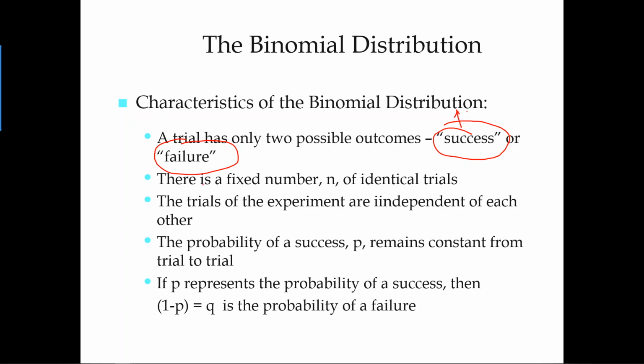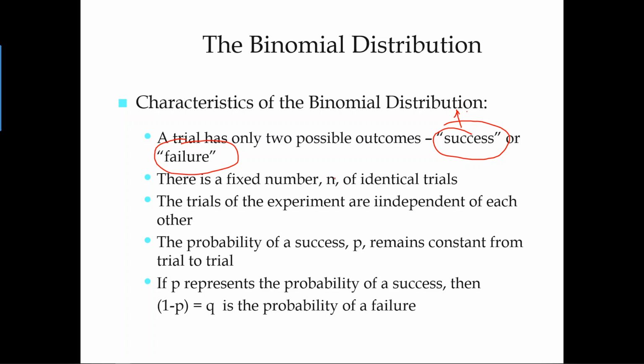And the second, there is a fixed number, we use n to denote it, of identical trials. Like I said about the assembly line, people try to figure out the defective rate, they pick up 200 parts. So basically the same experiment, because they are examining each part, whether it is defective or not defective, but they examine it 200 times.